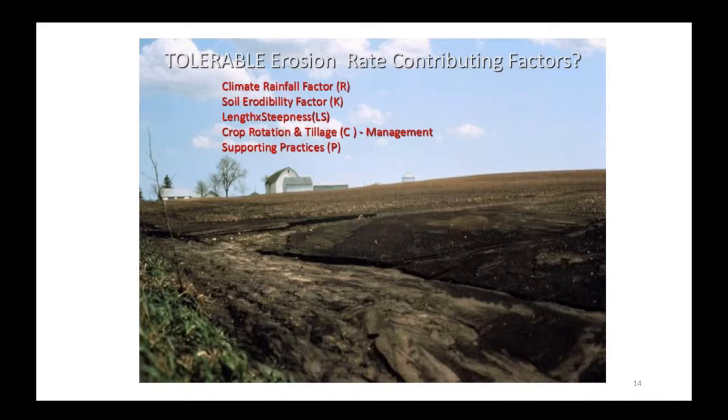It relates to the amount of rainfall that we get per year, and typically in Wisconsin the average is about 31, 32, 33 inches a year.